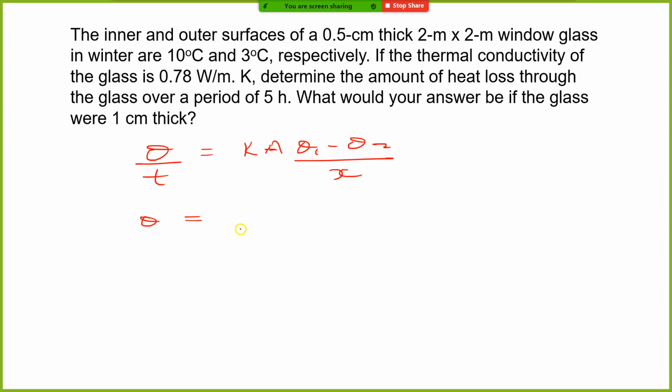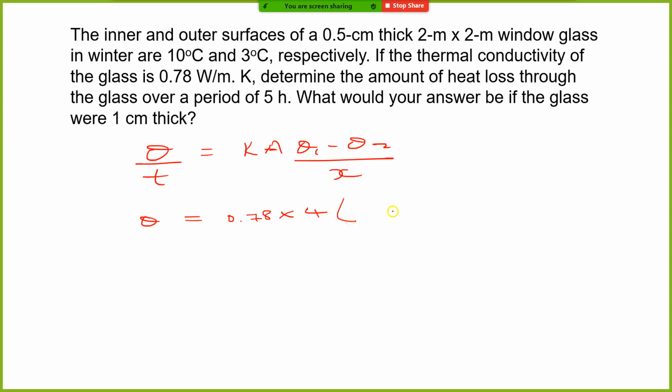K, which is 0.78, times the area, which is going to be 4, right?